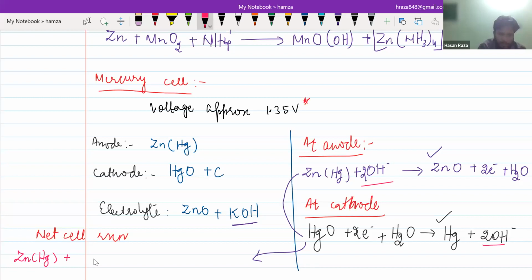Now plus HgO, and the 2 electrons and 2 electrons will also be cancelled. H2O and H2O will also be cancelled. So we will have only ZnO plus Hg. This is the net cell reaction. Apart from this, everything will be cancelled, like OH minus, H2O and electrons, all cancelled with each other.